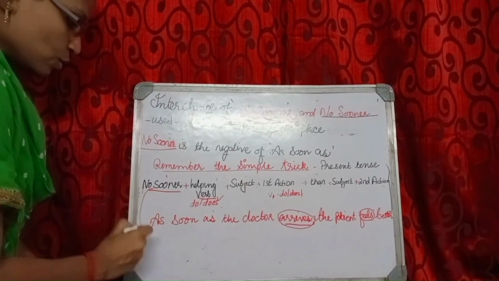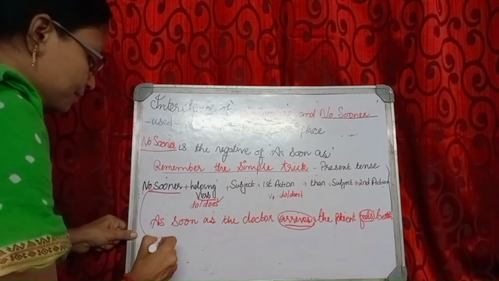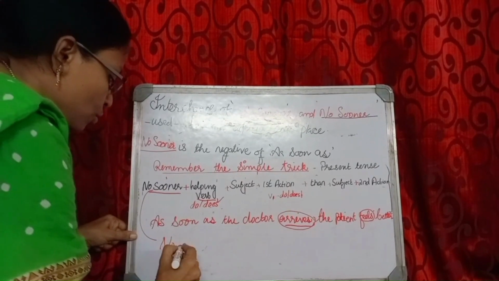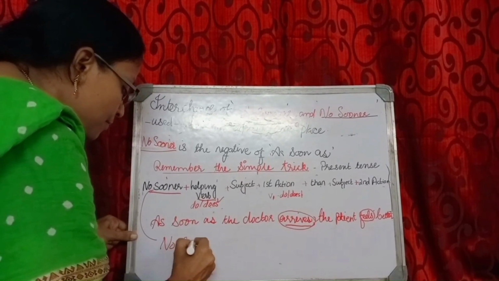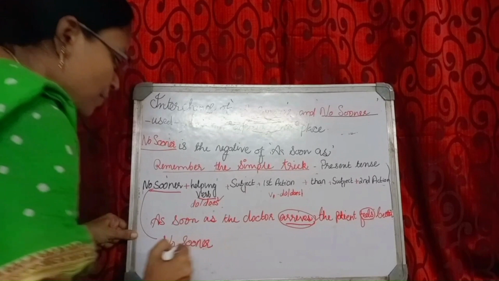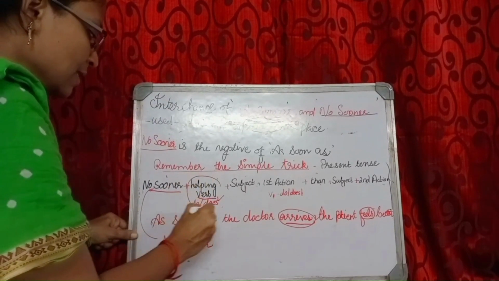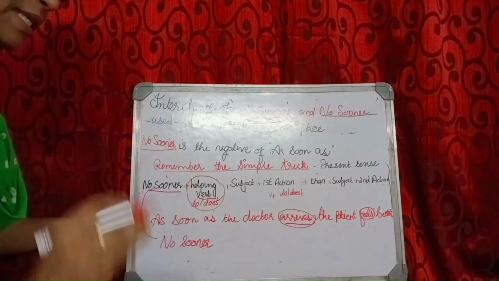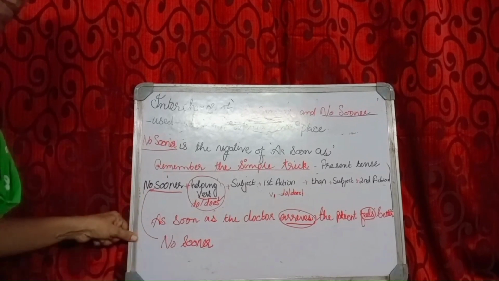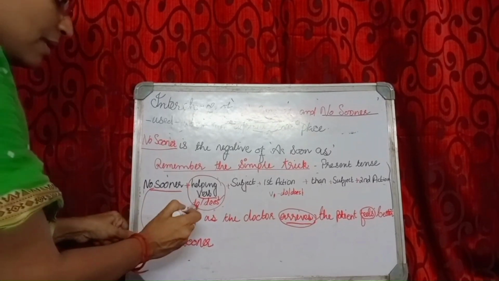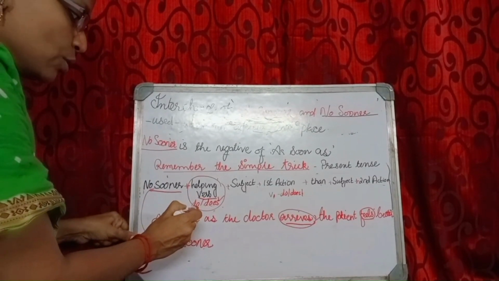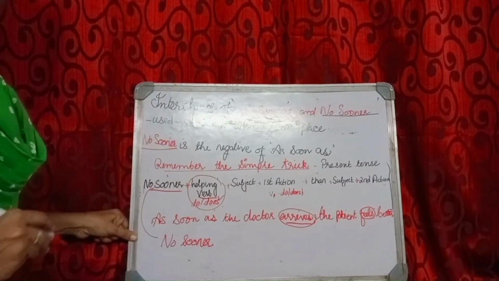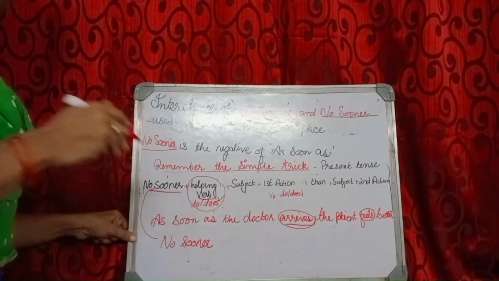First, we'll write no sooner. Now the helping verb. If the sentence or the question is in simple present tense, then the helping verb will be either do or does. And how do we know where to use do or does?